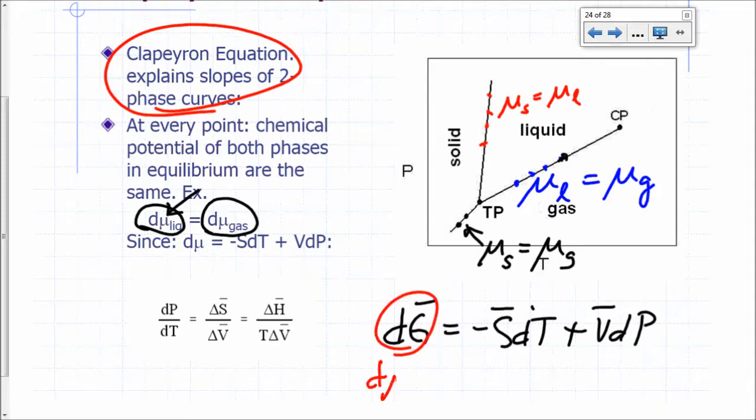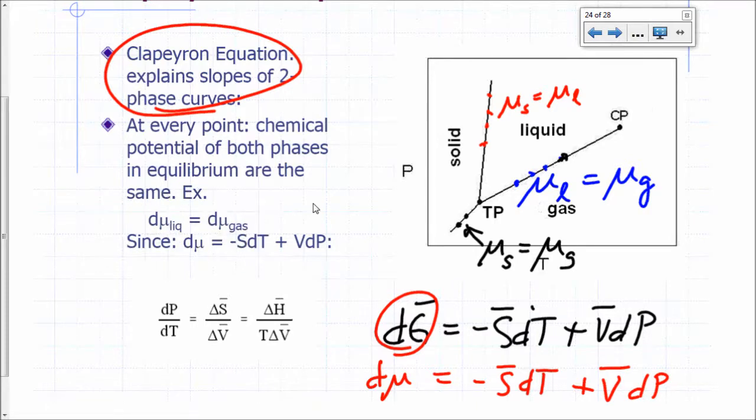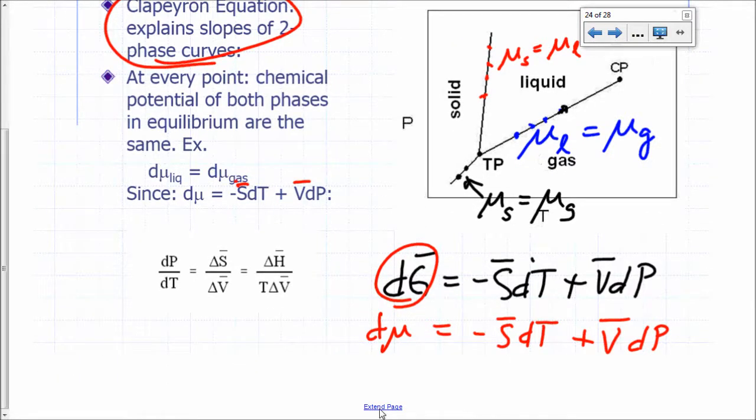So d mu is equal to minus S bar dT plus V bar dP. The bar simply means per mole. So that would be the change in the chemical potential as you move from one point to the neighboring point.